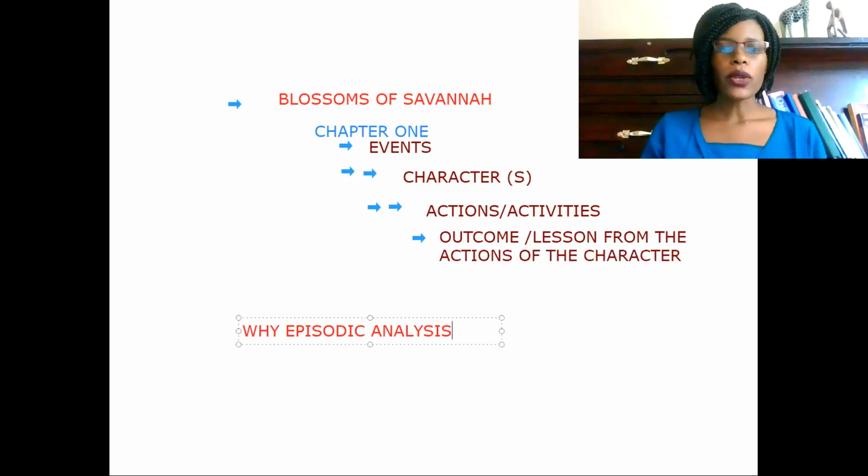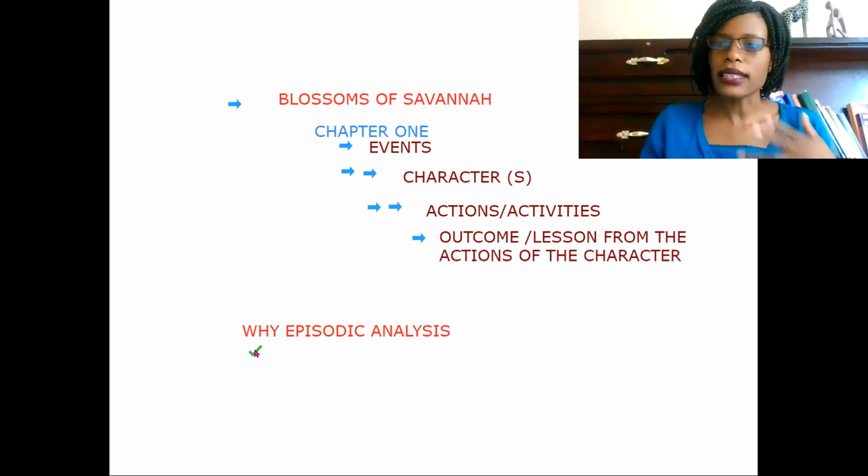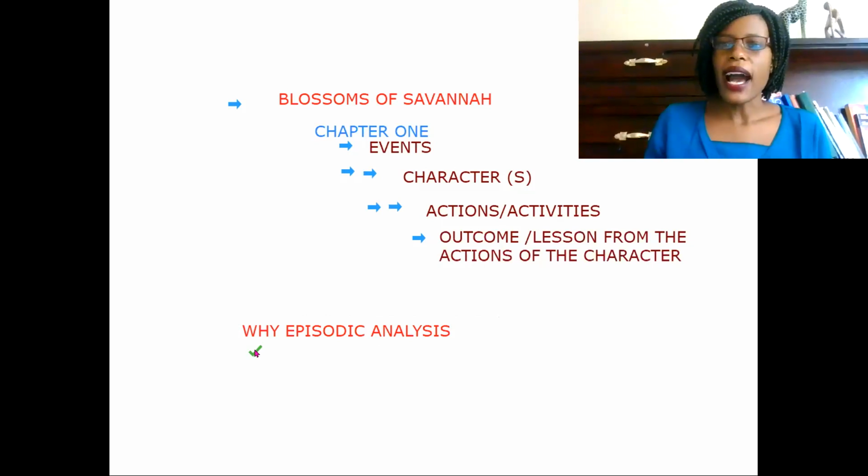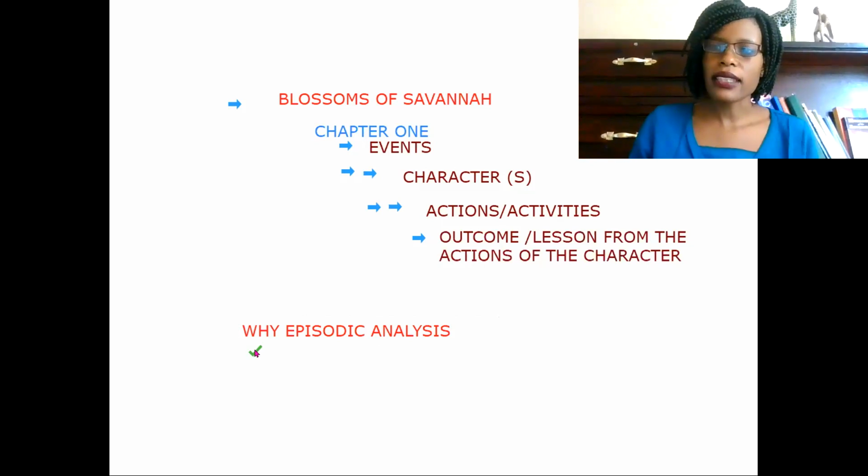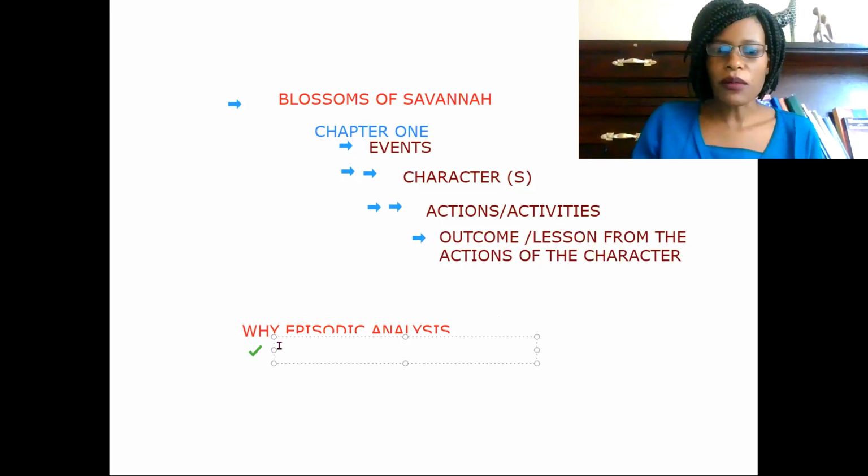When we look at the why, we are asking how it helps us as a learner, or as a reader of a text, to get to know or learn more from this text. So one, we get to know the plot of the text, how things are moving in the story.